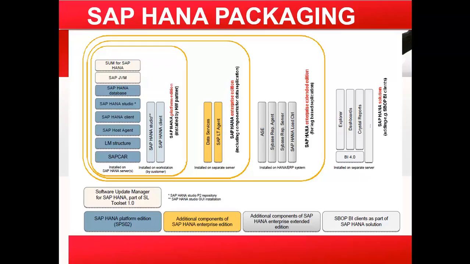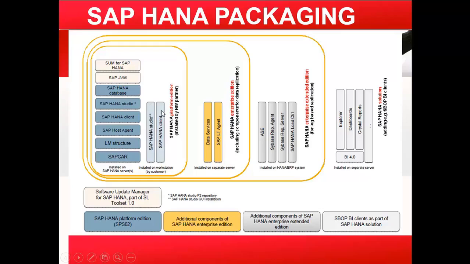These are the different components at least which are there for the platform edition. They include SAP CAR, which is for extraction purposes, the LM structure, SAP host agent, SAP HANA client, SAP HANA Studio, SAP HANA database. Then we have the JVM for SAP, and the SUM tool for SAP HANA.